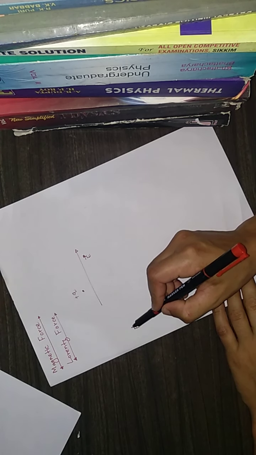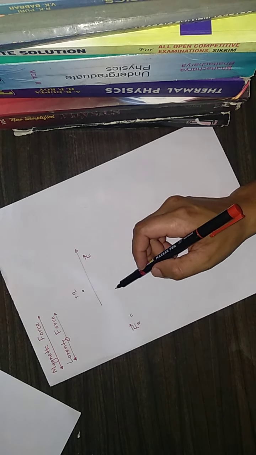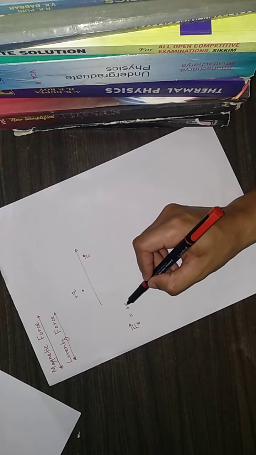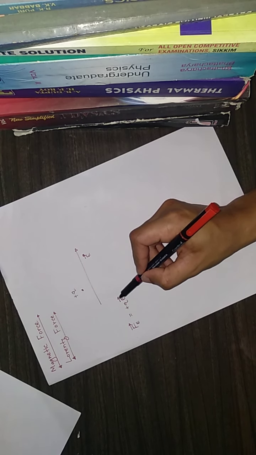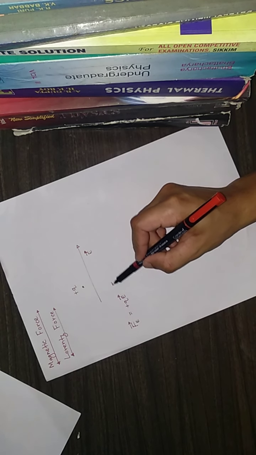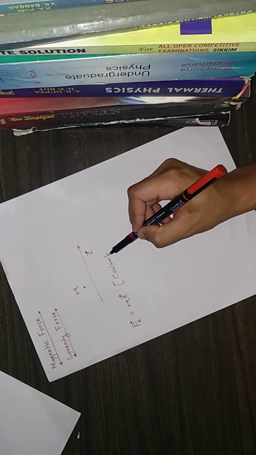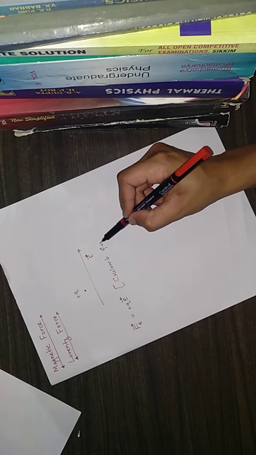The amount of electric force experienced by the positive charge is plus QE. So the force will be along the direction of the electric field, and it is known as Coulomb force.